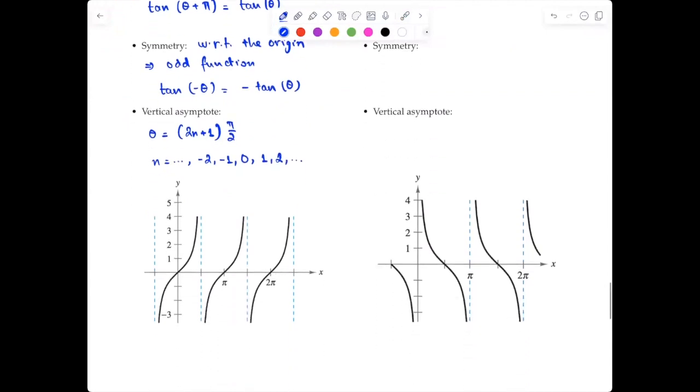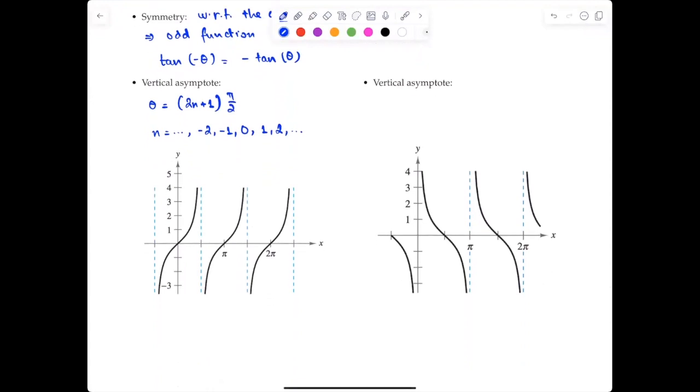Okay. And when you look at the graph again, this is the graph y equal to tangent of theta. You can see that there's no restriction for the range, but for the domain, we exclude the value pi over 2 here, and 3 pi over 2, 5 pi over 2, and if you continue with this periodic function, we will exclude 7 pi over 2, 9 pi over 2, and so on, and we can also go to the negative side of the real line.